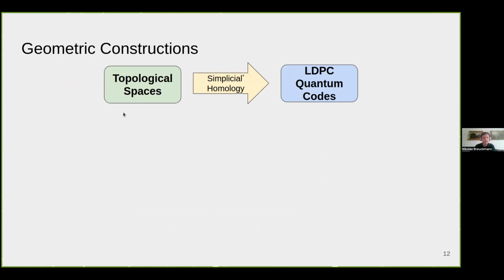This allows us to take topological spaces and turn them into LDPC quantum codes. So let me introduce the main notions of simplicial homology. First of all, when we take our topological space, we assume that it's triangulable, meaning that we can subdivide it into vertices, edges, faces, and so on.